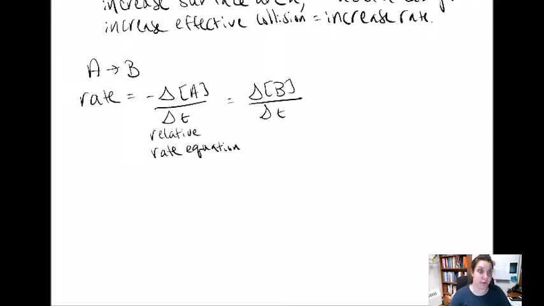If we do not have a 1-to-1 mole ratio, we can relate the rates of appearance and disappearance using additional modifiers.